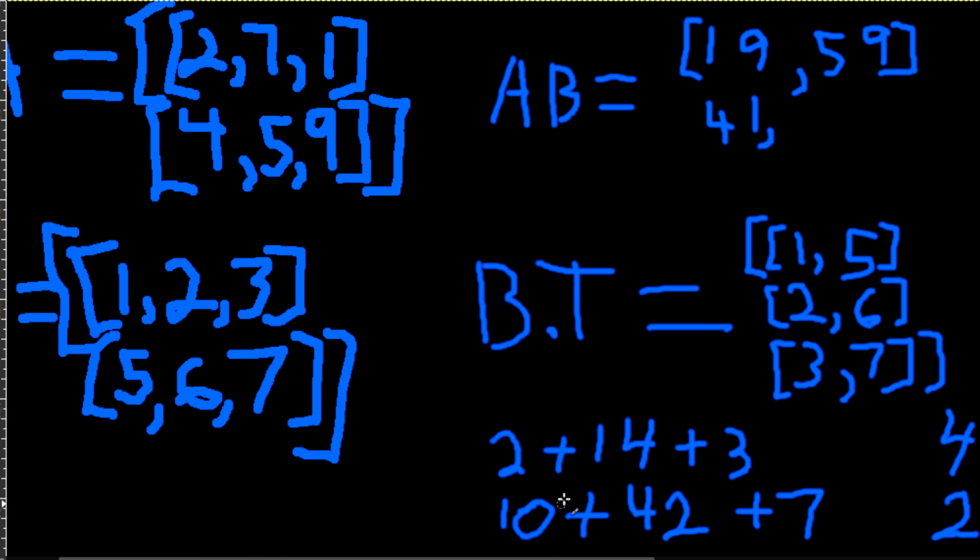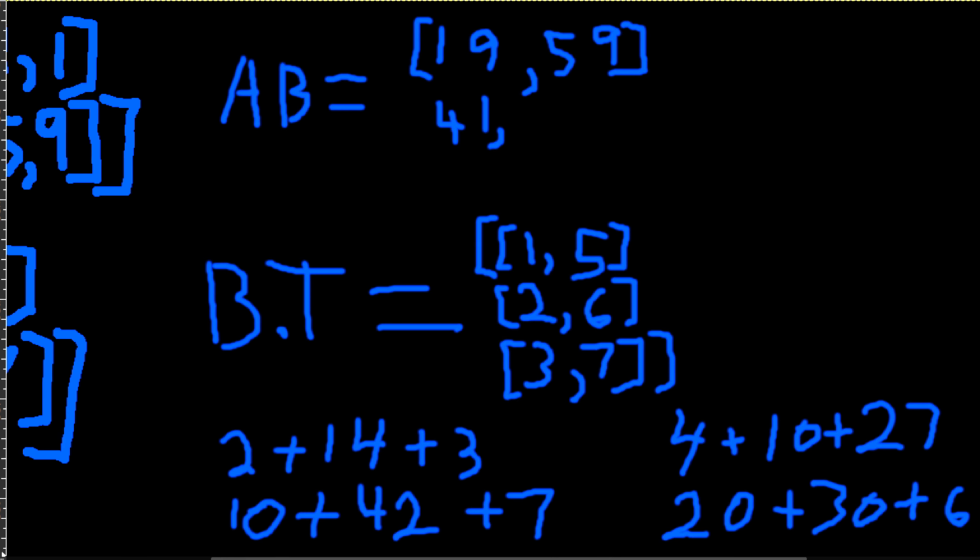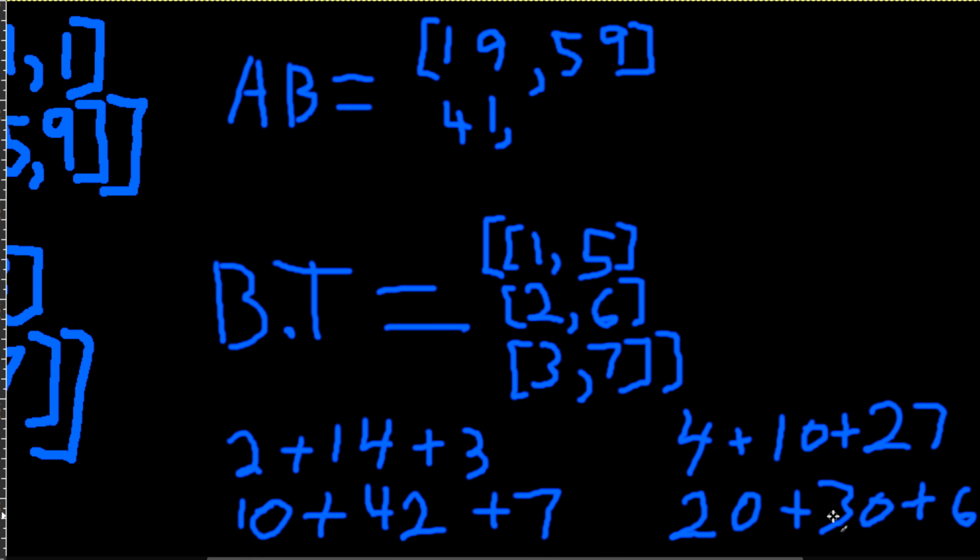And 9 times 7 is 63, so plus 63. 30 plus 63 is 93, and add 20 to that is 113. Let's see, a different way: 63 plus 20 is 83, 93, 103, 113. Yeah, 113 is the answer to that.